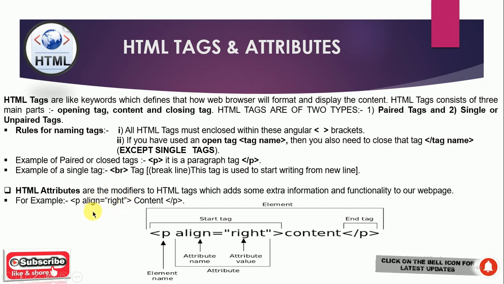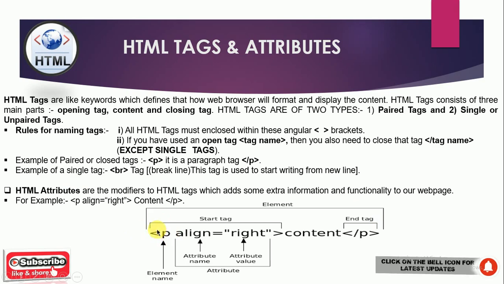So this is the attribute name and this is the attribute value, which are to be written inside double quotation marks. So this is the simple meaning of HTML attributes. In the diagrammatic view also, I have given you the same example.